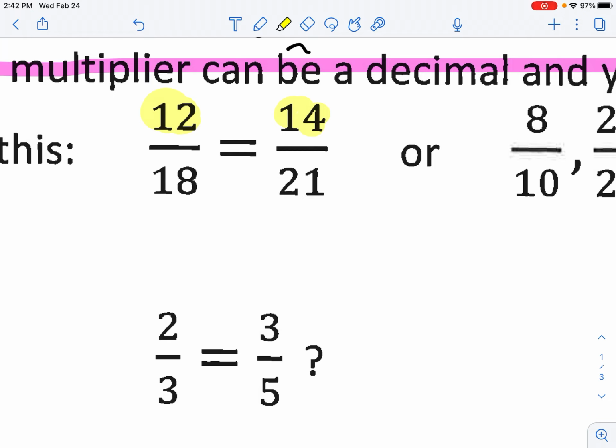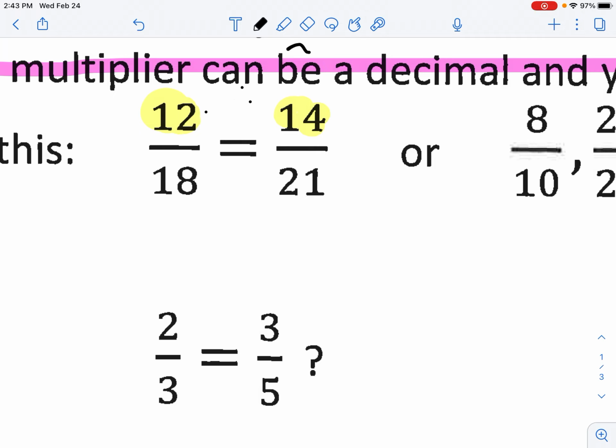But what if you worked backwards? What if you divided 14 by 12? So you are allowed to use your calculator. So I'm on my calculator right now, and I'm doing 14 divided by 12, and that equals 1.16 repeating.